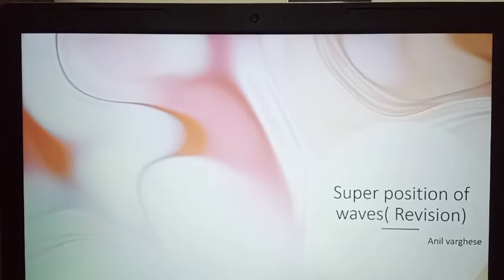The first concept that you have to remember is the principle of superposition. As I already told you, this is the vector sum. That means when 2 waves are superposing simultaneously, the resultant displacement will be the sum of the displacements generated by the individual waves, irrespective of the presence of the other.